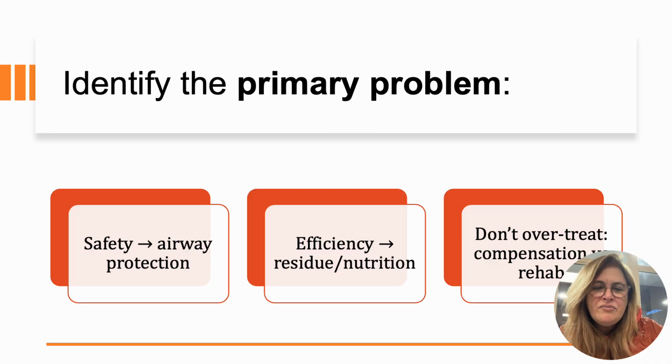Then remember to identify what is the primary problem. Is it safety or efficiency? If it's safety, I need to make that bolus go faster to where I need it to go. And if it's efficiency, I need to be sure that there's not a lot of residue there, so I need to do a better strip of the area, increase nutrition and hydration.